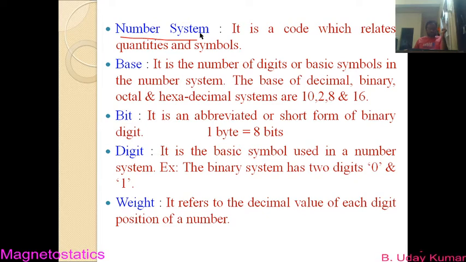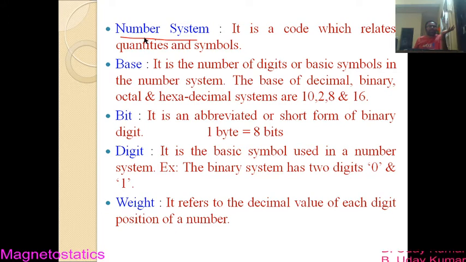The first one is number system. So what is a number system? Remember, a number system is a code which relates quantities and symbols. In general, 1, 2, 3 are all quantities, and 1 is represented with a symbol.